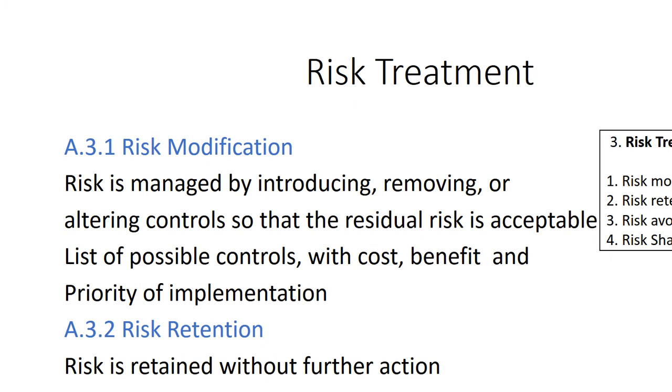The whole idea of the risk treatment phase is that you select a proper risk treatment option to minimize the present risk, so that the residual risk remaining after treatment is accepted according to the risk acceptance criteria. That's why in risk modification we proactively alter, remove, or introduce a new control so that the residual risk is accepted.